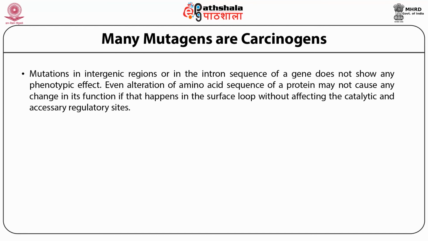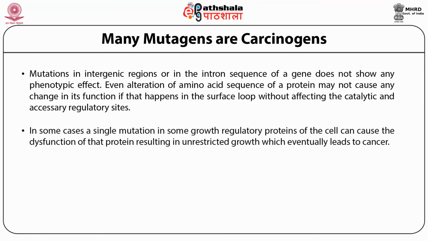Even alteration of the amino acid sequence of a protein may not cause any change in its function if it happens in a surface loop without affecting the catalytic and accessory regulatory sites. However, in some cases, a single mutation in some growth regulatory proteins of the cell can cause dysfunction of that protein, resulting in unrestricted growth, which eventually leads to cancer.